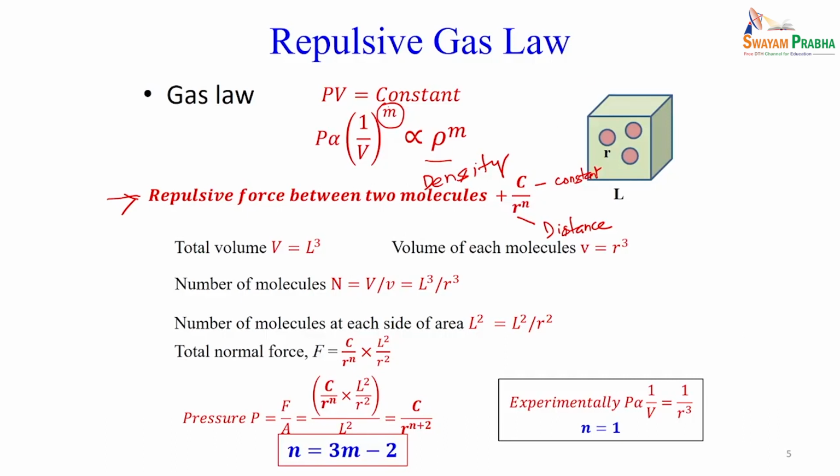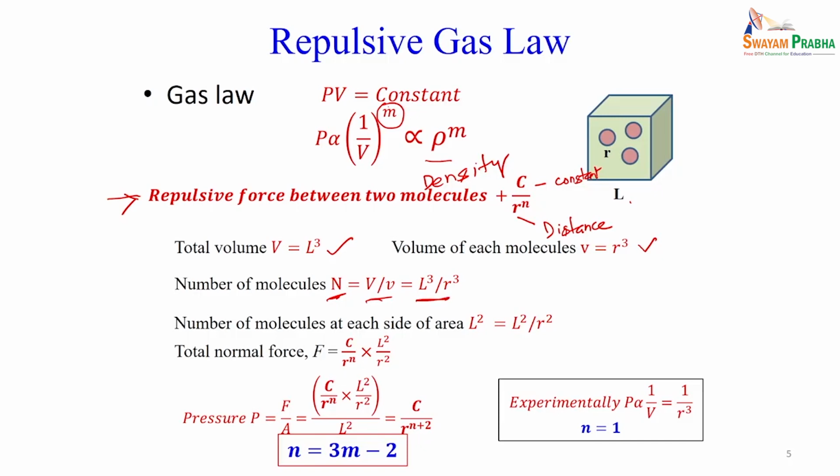Now let us see one example. We are having a cubical space, its dimension is L, and it is filled with few gas molecules whose radius is r. The total volume of the cube or system will be L to the power 3, and the volume of each molecule will be proportional to r cube. So if you want to calculate how many molecules are present, we can simply divide the volume of these two.